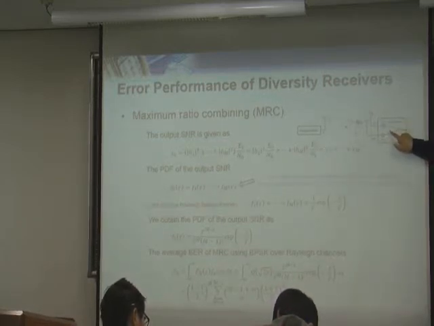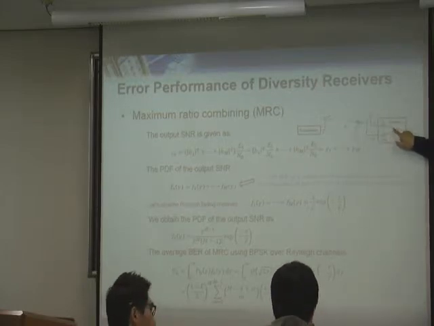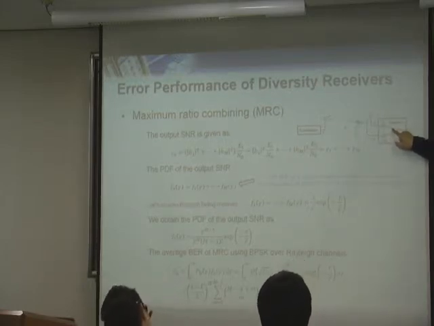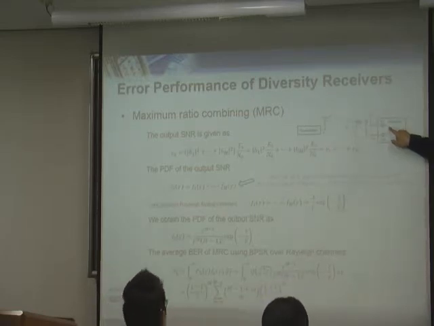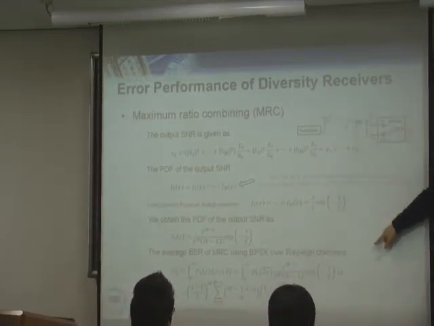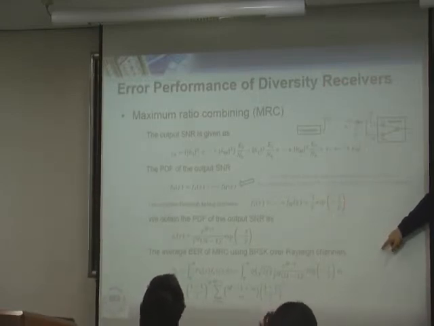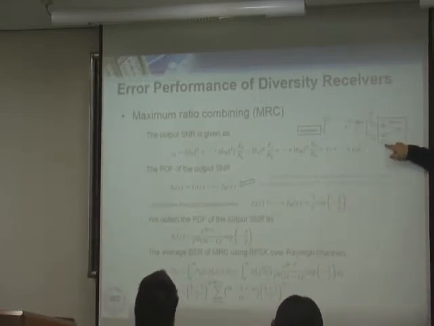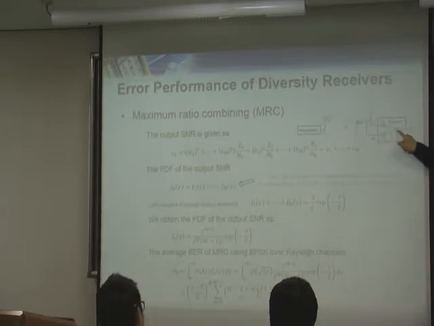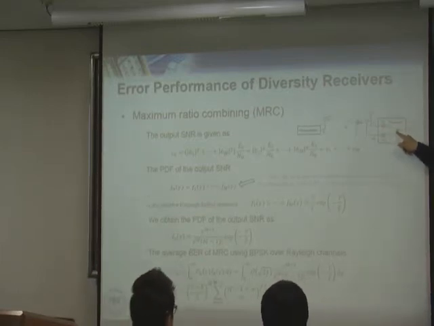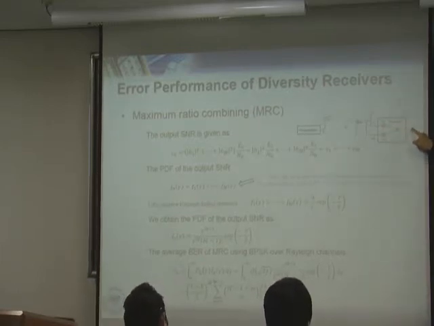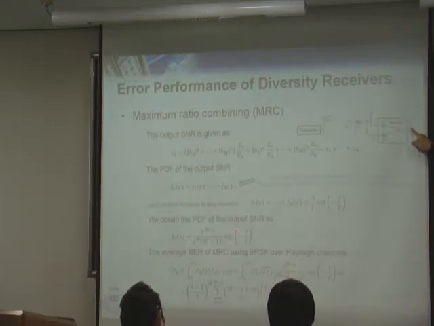Gamma 1 is the SNR of the first antenna, the first received signal, and it has this PDF. But we have M number of them, and when you add them all together, the output follows this PDF. That's what I'm saying.